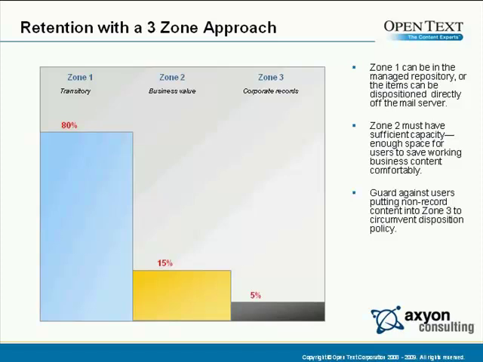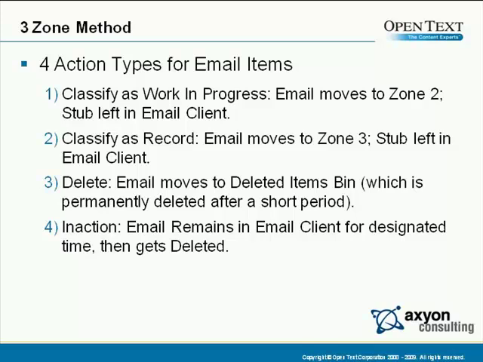We'll move on to the next slide. We'll discuss the primary actions that you would be taking in the three-zone approach. Because we understand the zones and what their intended purposes are, we can see that the things you'll probably be doing as you're using this approach is classifying items as work in progress, meaning these are emails that you're logically moving to zone 2.